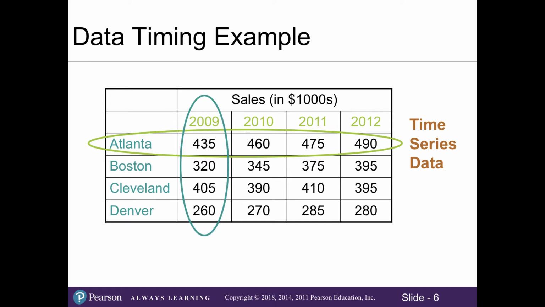However, if we looked down the column for 2009, that's considered cross-sectional data. So we have taken a snapshot to look at just 2009, and in 2009 we can look at Atlanta, Boston, Cleveland, and Denver. So think time series, a series of time periods, or cross-sectional data, a snapshot.